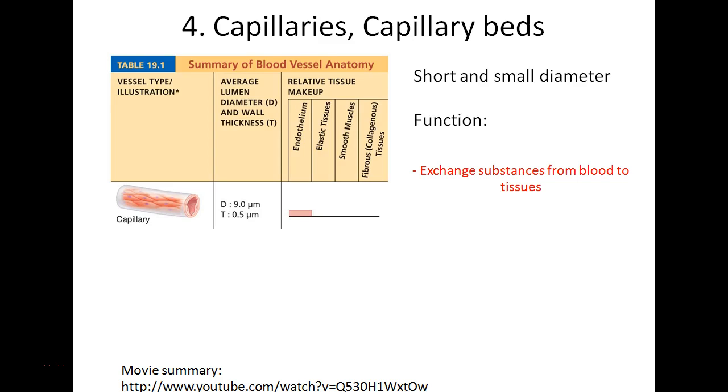This narrow vessel diameter means that erythrocytes must travel in a single file line through each capillary. And again, because of the nature of the tissue and the diameter of this capillary, it makes it an ideal exchange site for substances between the body and the blood.